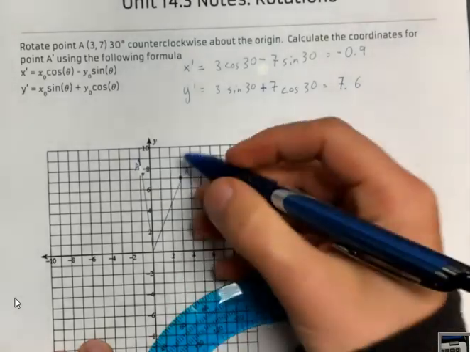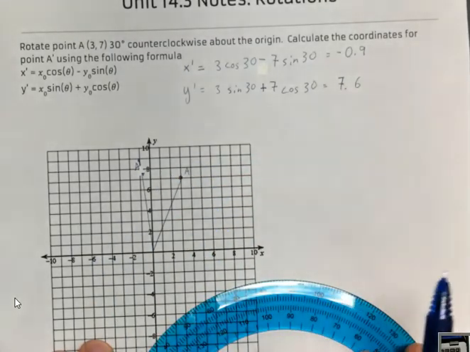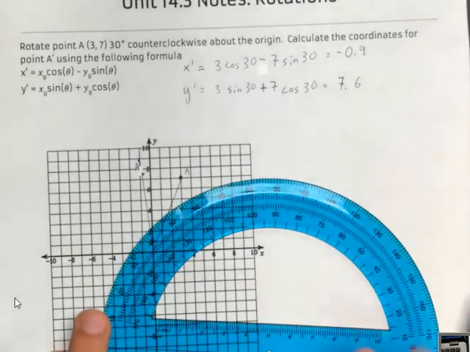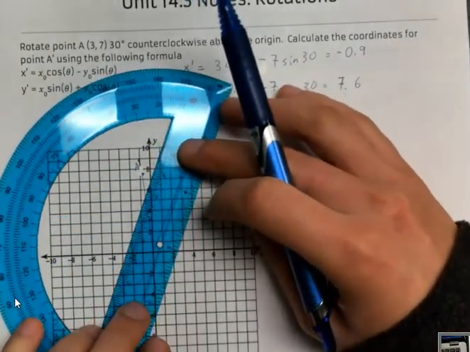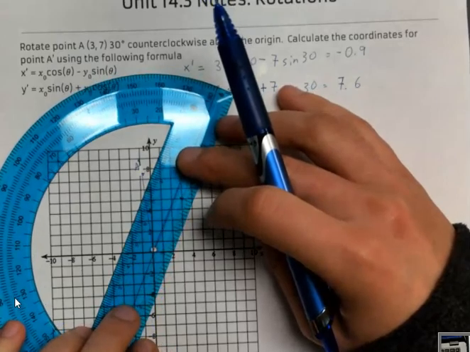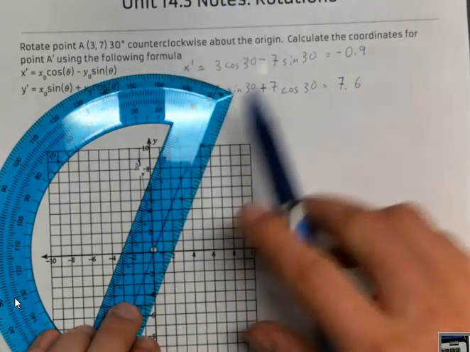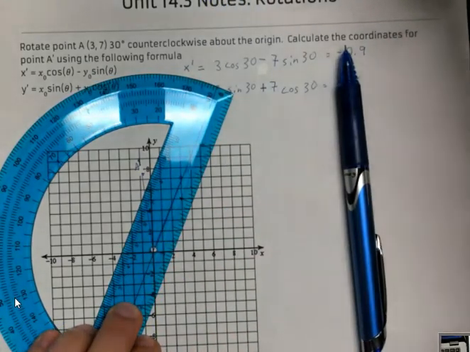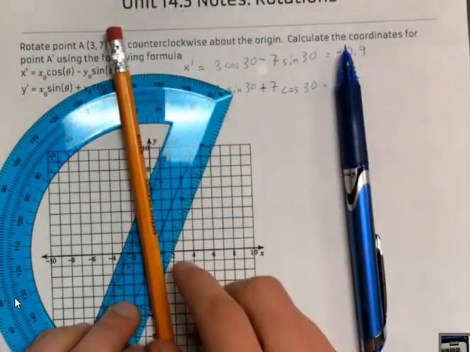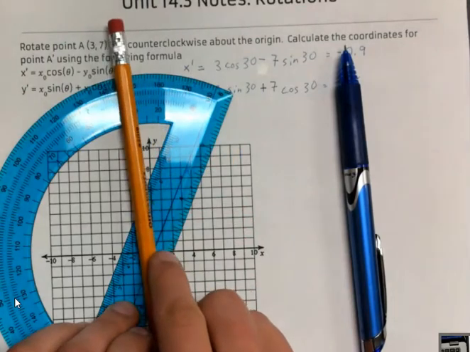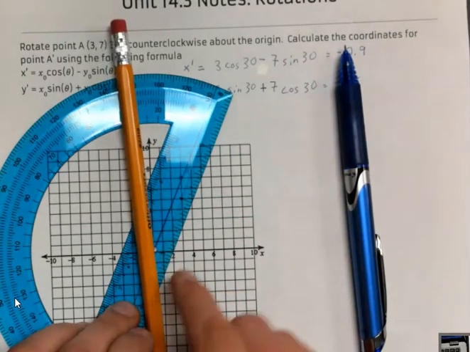So this says it's a 30-degree rotation counterclockwise. I'm going to go ahead and put my protractor on this point and see what a 30-degree rotation should look like for this point. So 30-degree rotation for this point, we should end up right there.